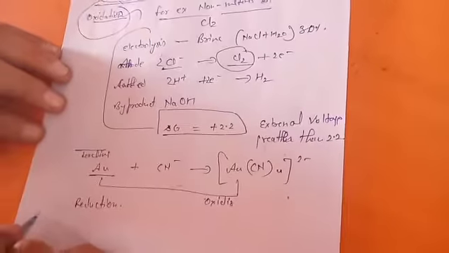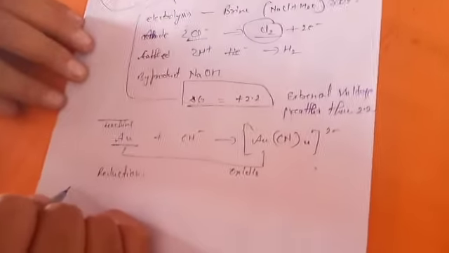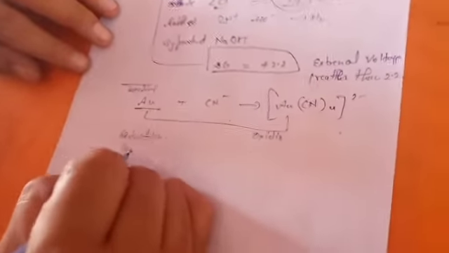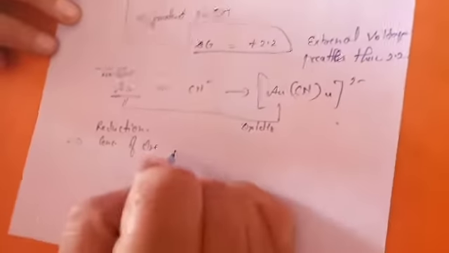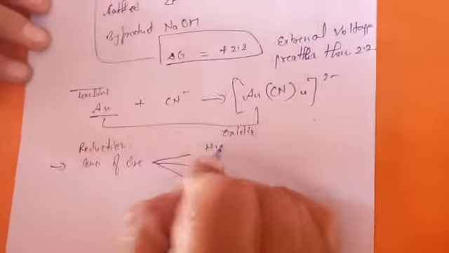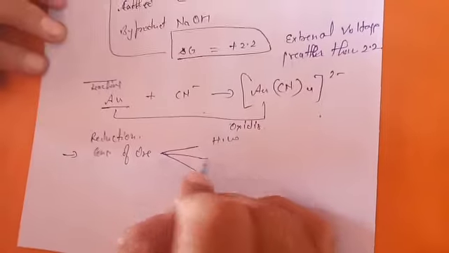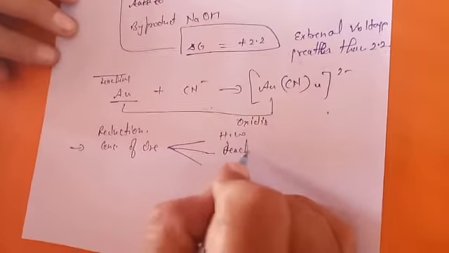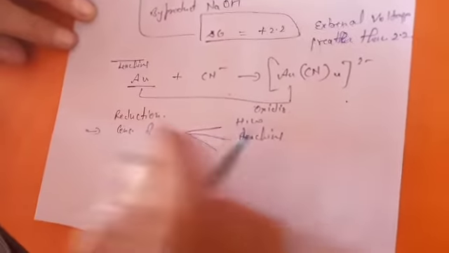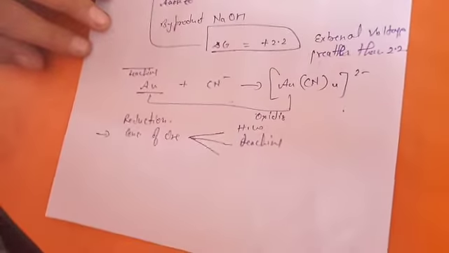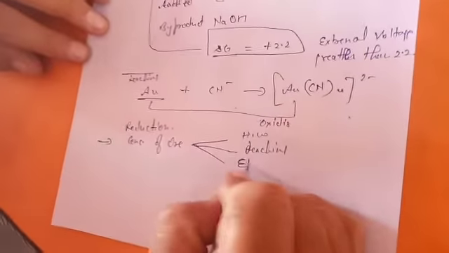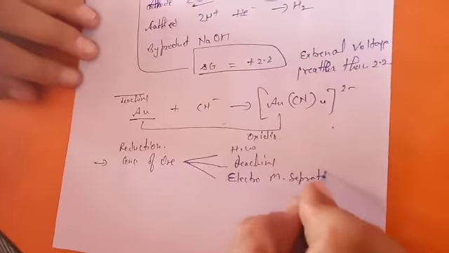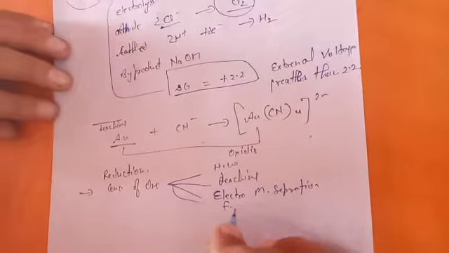Now I am concluding the whole concept we have done in this chapter. First we studied about the concentration of ore. In that we studied hydraulic washing, leaching, electromagnetic separation, and froth flotation.